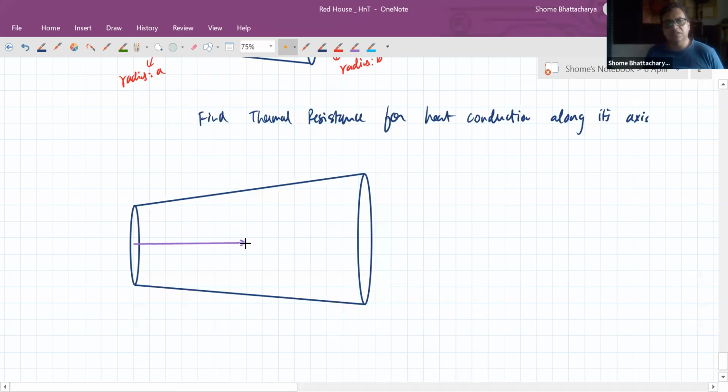So now at some distance x like this, we are slicing a thin disk. So like this.